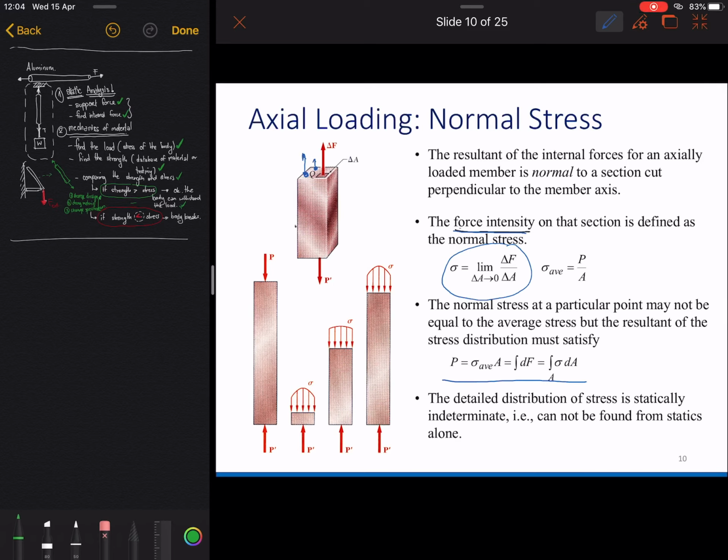Okay, but normally in our case, we simplify it as before. We just use this. We say that, okay, all the force in that particular area is equally distributed. But in the usual case, it doesn't mean that this force will be equally distributed.